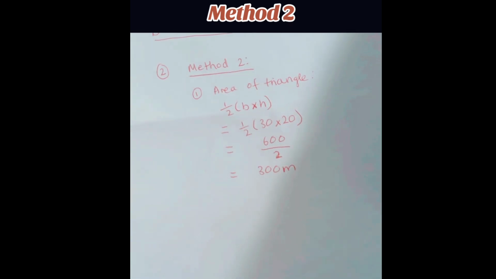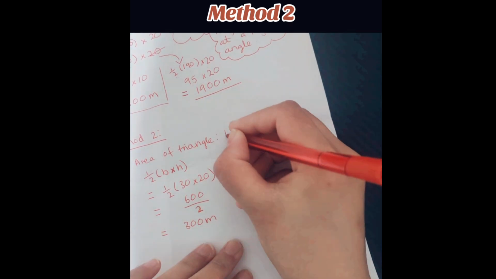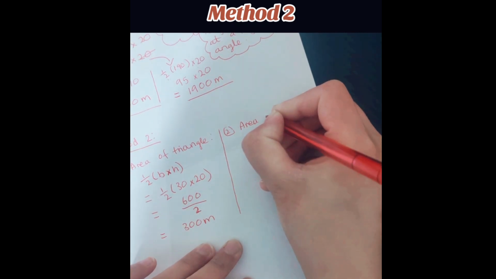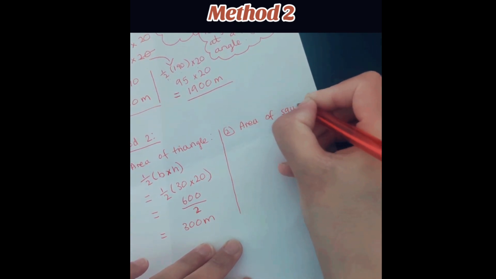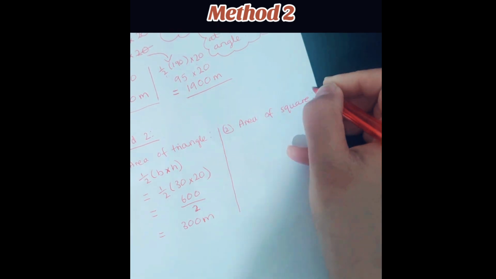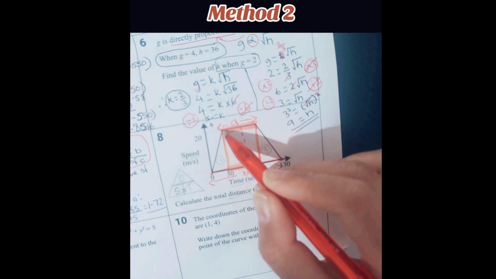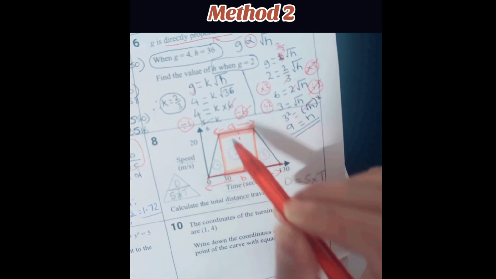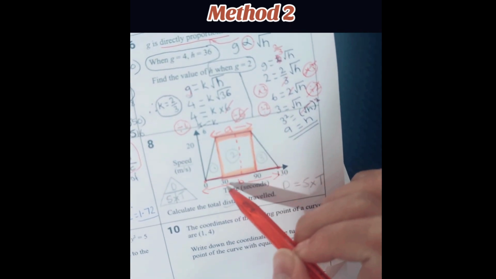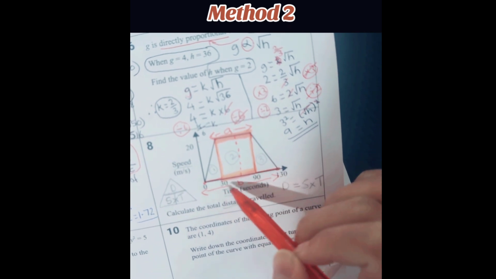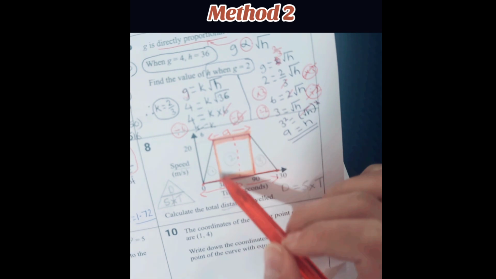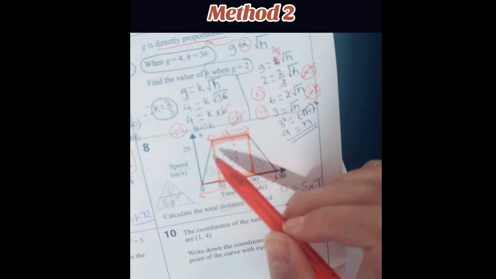And then if I go ahead and look at shape number 2, so number 2 was area of a square. That was shape number 2. So area of my square is over here, so that means it's just, is it even a square or rectangle? Sorry, it's a rectangle. So the width of this rectangle is 90 minus 30, which is 60, and the height or the length is again 20.